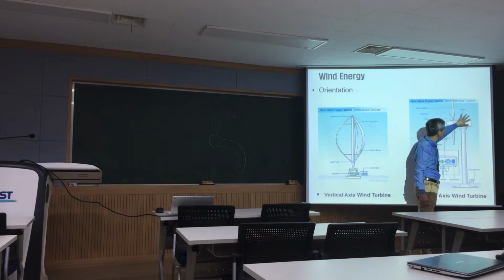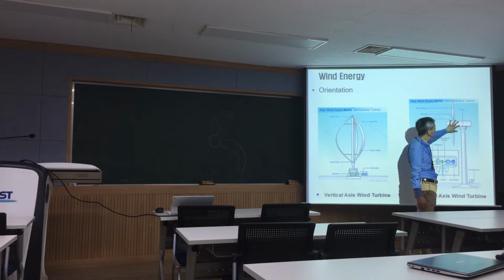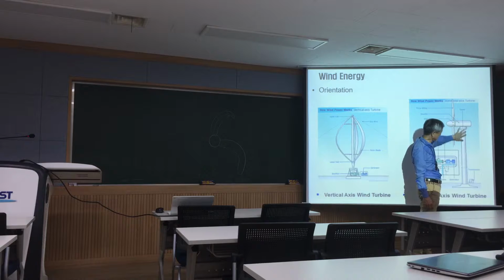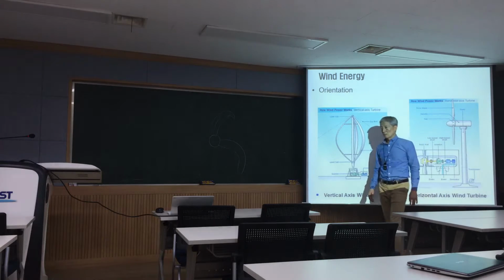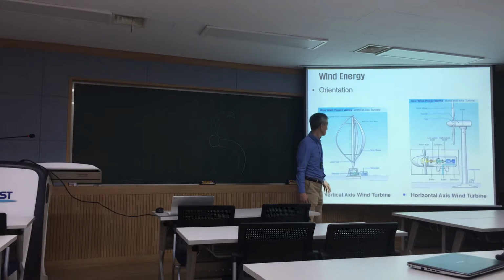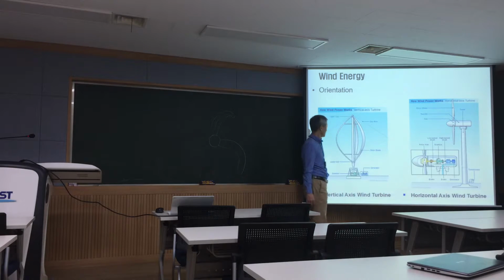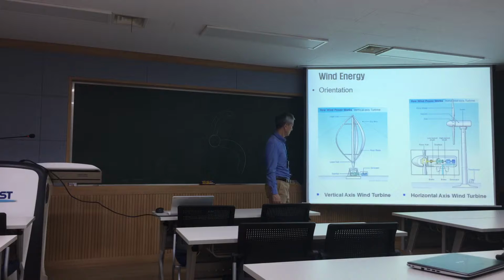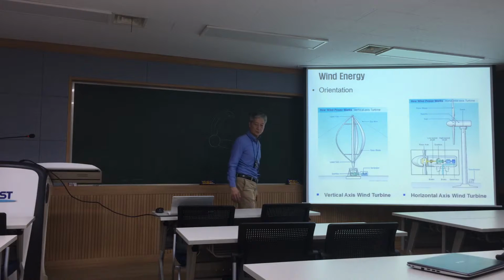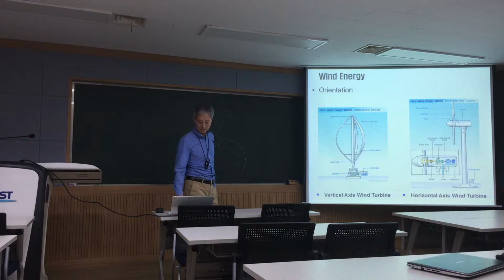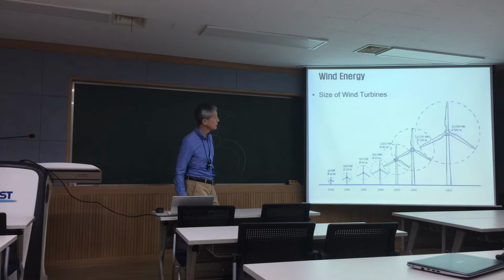So the top side weight is becoming bigger, which is not good in terms of structure. The vertical axis is maybe better structure-wise for big sizes, and efficiency-wise it is still good. It has some advantages there, so they are still competing with each other.